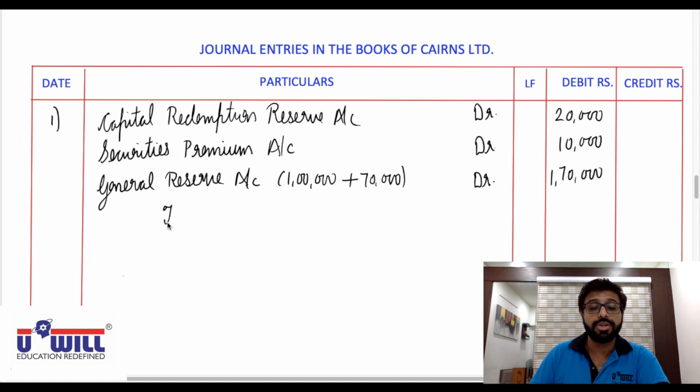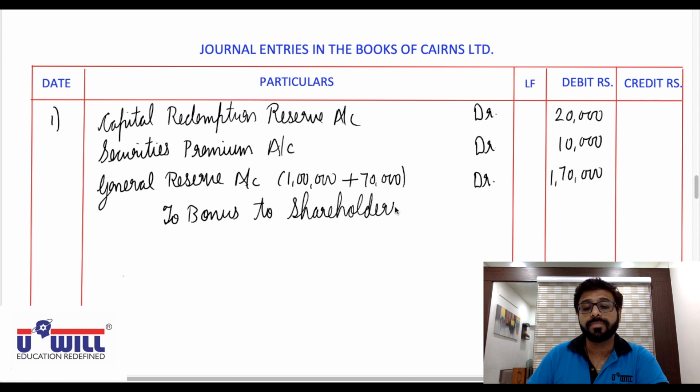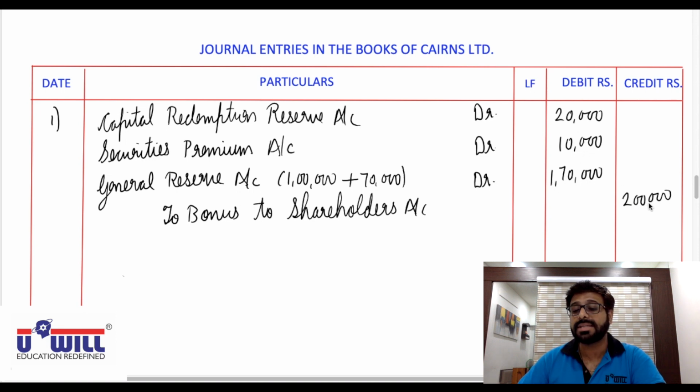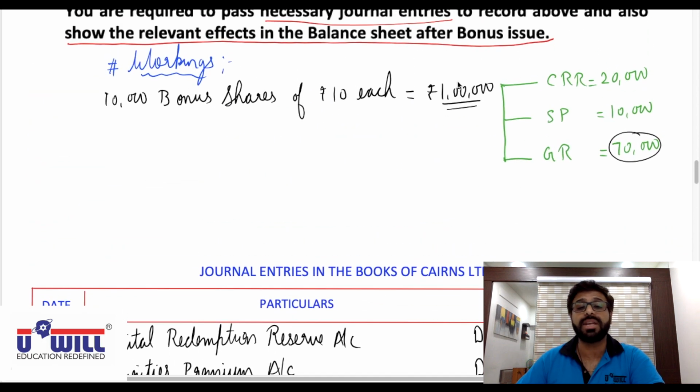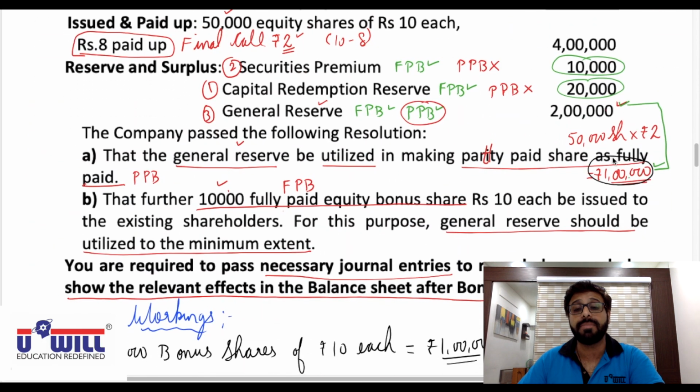Okay. To bonus to shareholders account with total of 2 lakhs. Why total of 2 lakhs? It's a combined entry of partly paid and fully paid bonus. 1 lakh is fully paid bonus and 1 lakh is partly paid bonus.